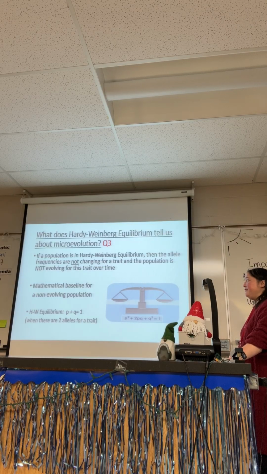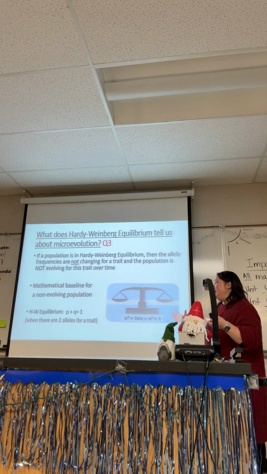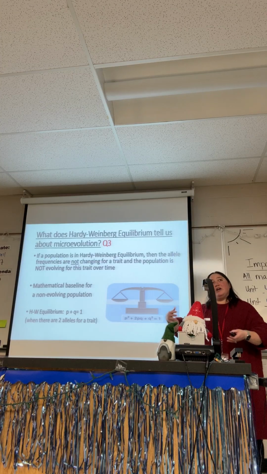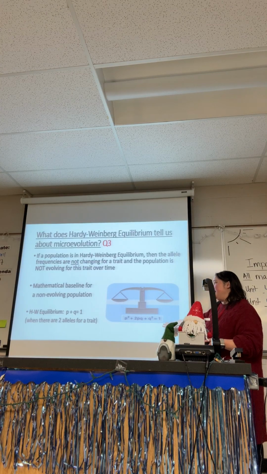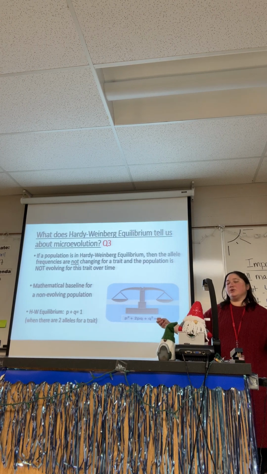Mathematically, the baseline for a non-evolving population came from Hardy-Weinberg. They proposed that if we're not changing, we're not evolving, then we are in this equilibrium. In their equilibrium, we have the variables p and q. p is for one allele, q is for the other.